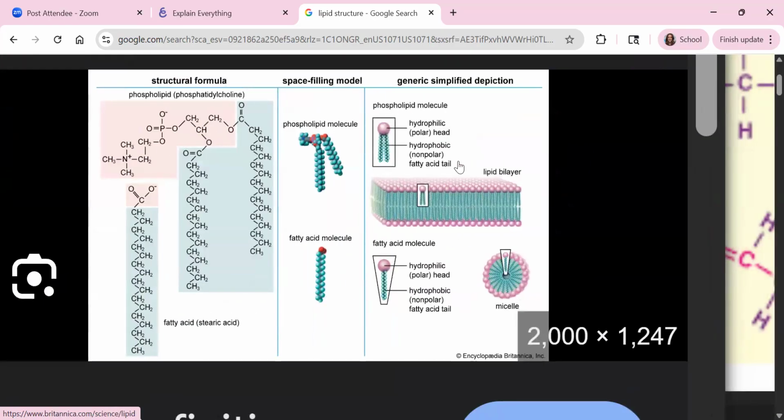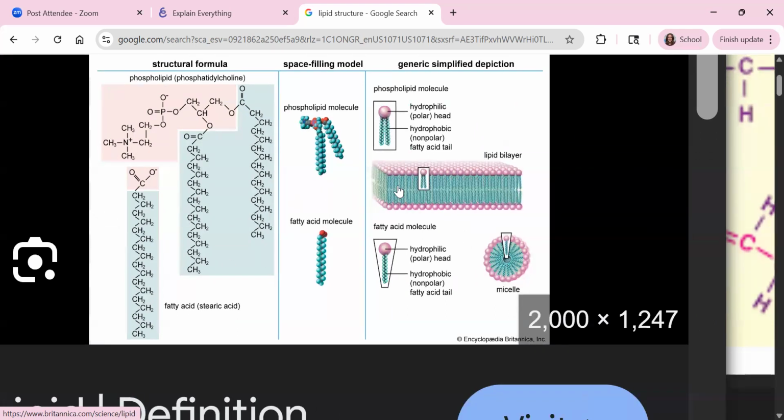Okay, so you guys went over the lipid bilayer, right? Yes. Okay, so what makes this is we have a phospholipid molecule and we have fatty acid tails. These fatty acid tails right here are going to be the hydrophobic part. So they're pointing inwards. They don't want to touch the polar environment of the cell.